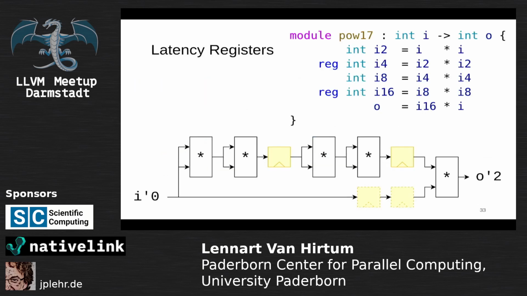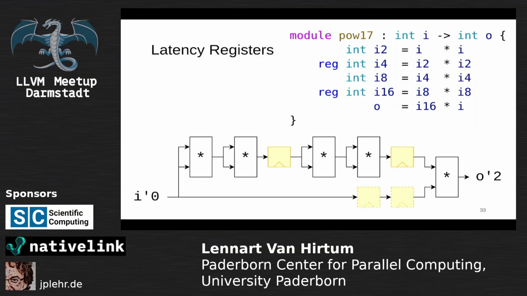Now, on the other hand, let's say we have a module that takes some value to the 17th power. Well, this module has a lot of multipliers built in, like 5 separate multipliers here.